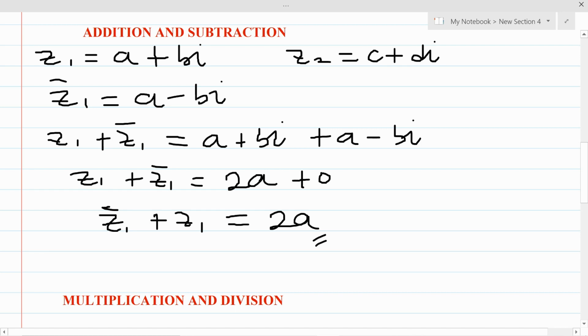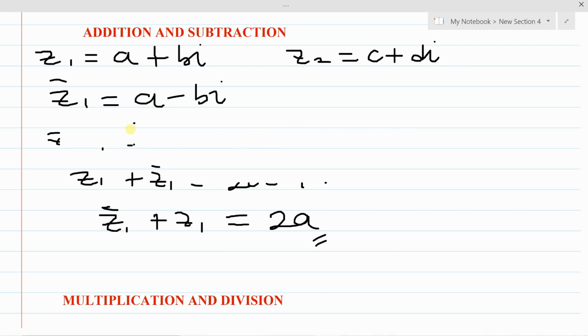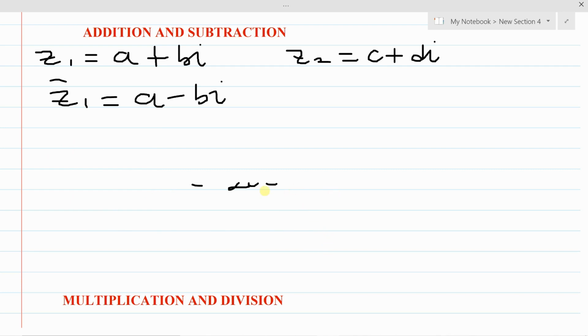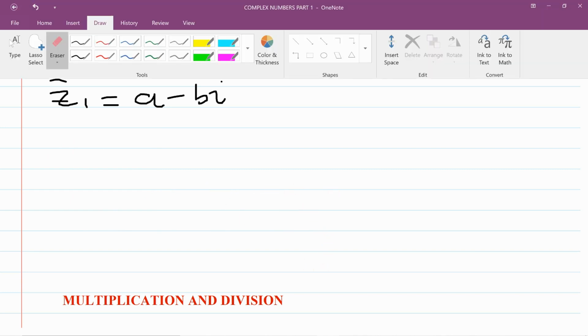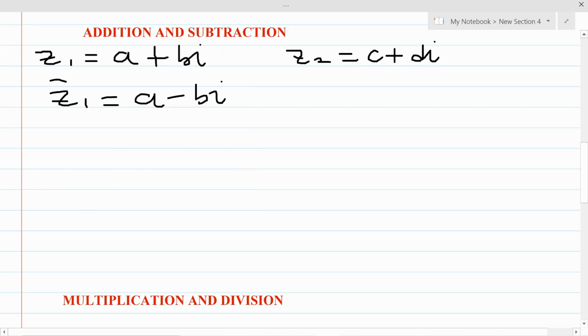What if I want to subtract a complex number and its conjugate? What happens? Let's look at the subtraction as well. If I want to subtract a complex number and its conjugate, this is the case: z1 minus z1 bar is equal to a plus bi, then minus, in brackets, a minus bi.